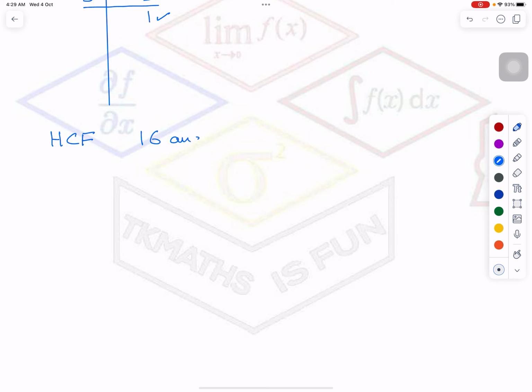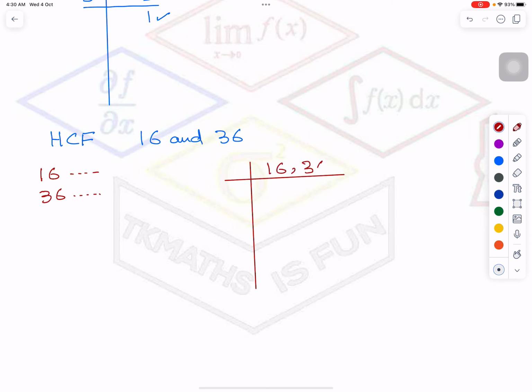So which is the highest common factor for these two numbers? Rather than doing the method where I write all the factors of 16 and all the factors of 36 and then pick up the highest common, which is long and tedious, the easy method is the prime factorization method.